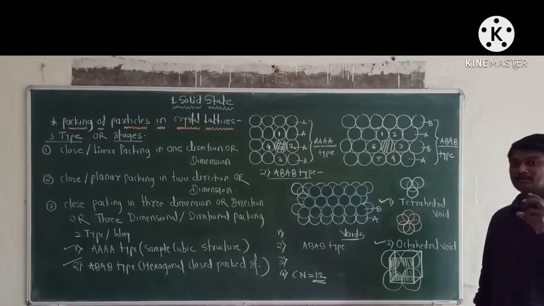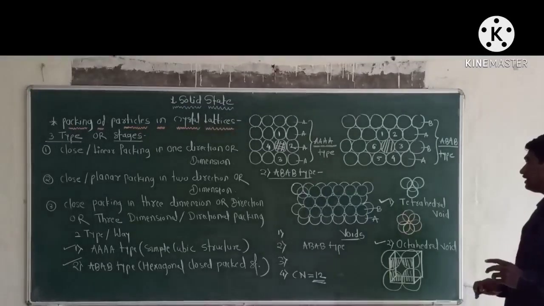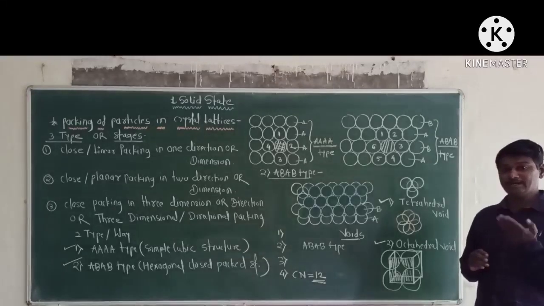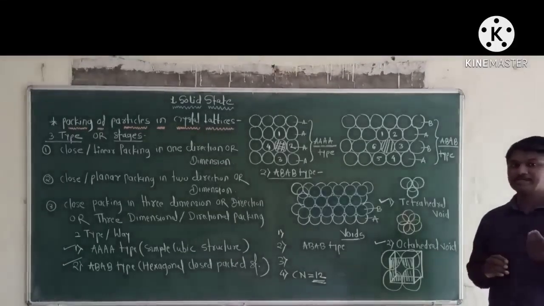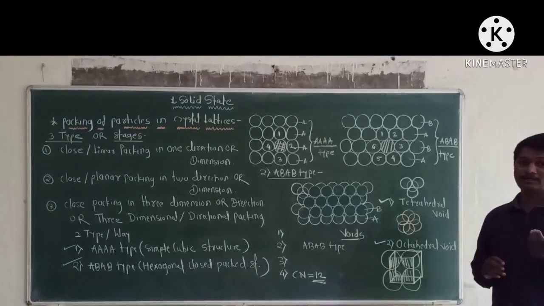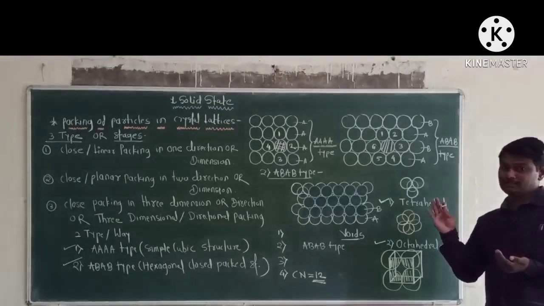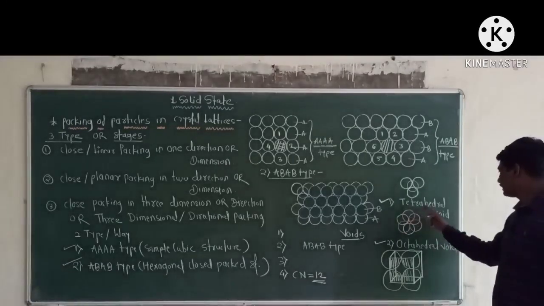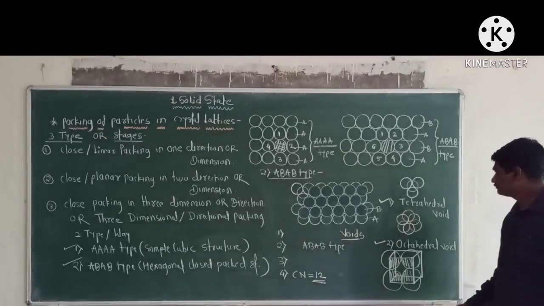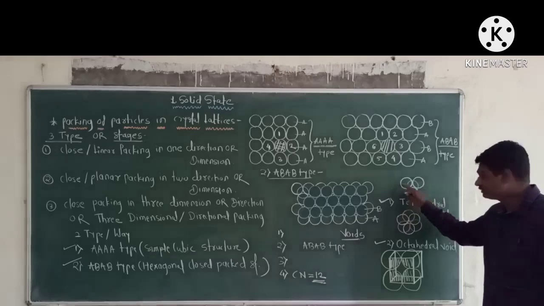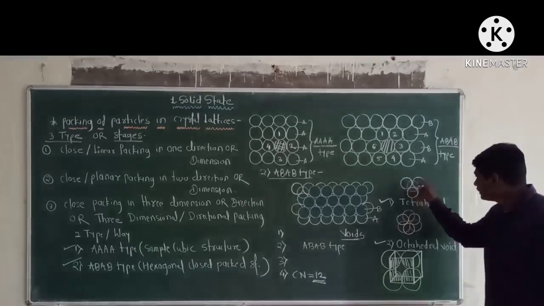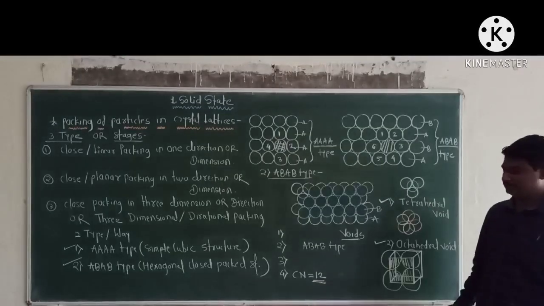Now, what is meant by tetrahedral voids? The triangular empty space between three neighboring constituent particles of one layer is completely covered by a constituent particle of another layer, and is called a tetrahedral void. For example, these white ones are the three neighboring constituent particles of one layer.